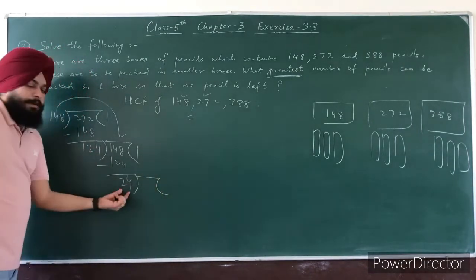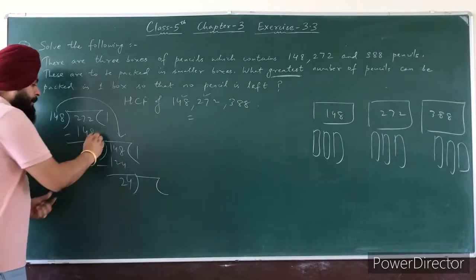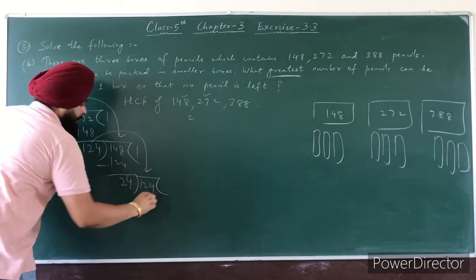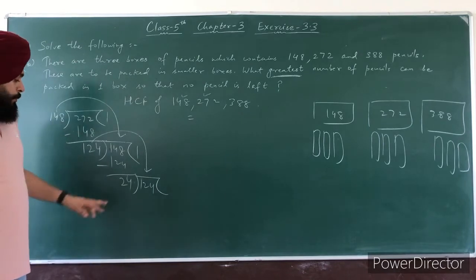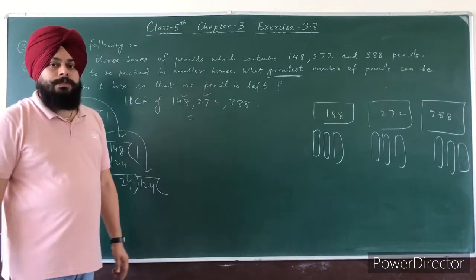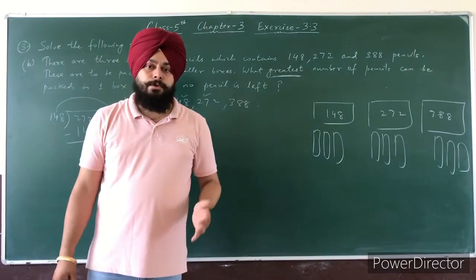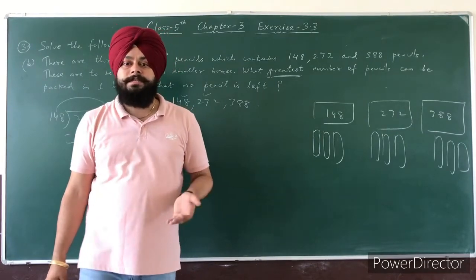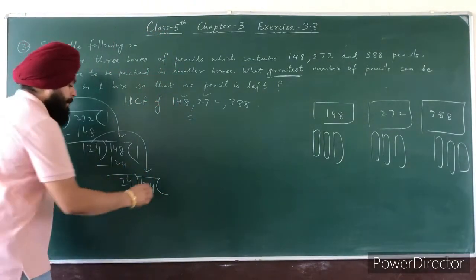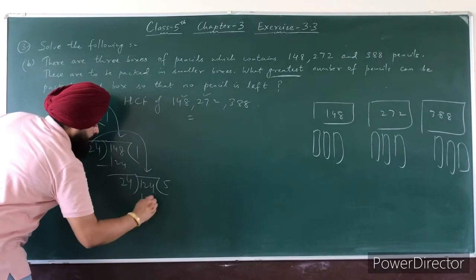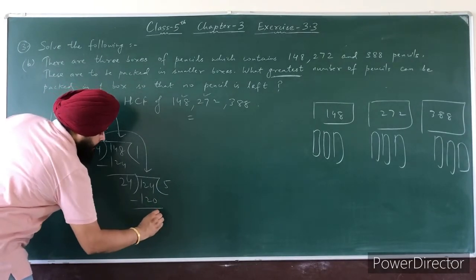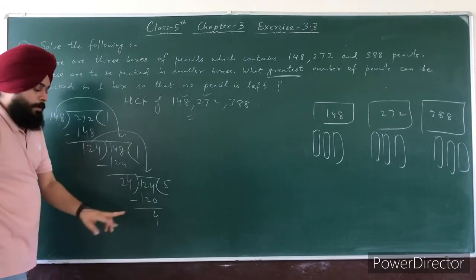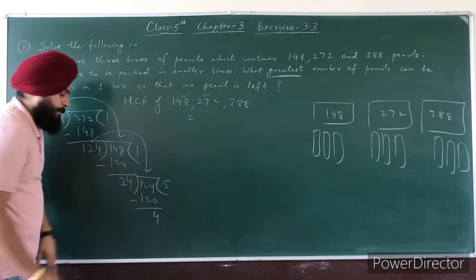Now this remainder becomes our new divisor and this 124 is written as our new dividend. So 24 ones are 24, 24 twos are 48, 24 threes are 72, 24 fours are 96 and 24 fives are 120. So it goes on. So 4 minus 0 is 4. 2 minus 2 is 0, 1 minus 1 is 0.